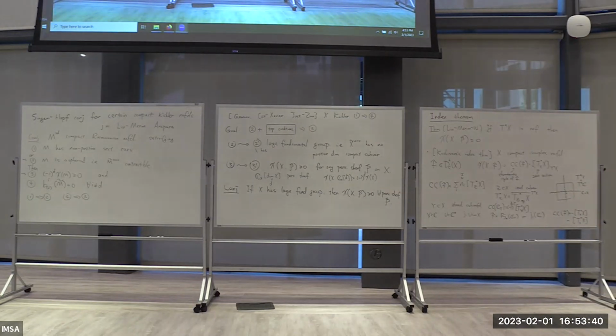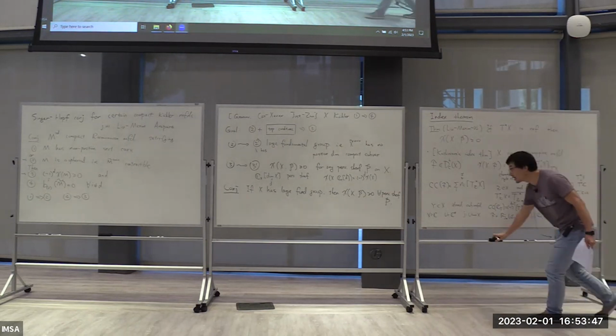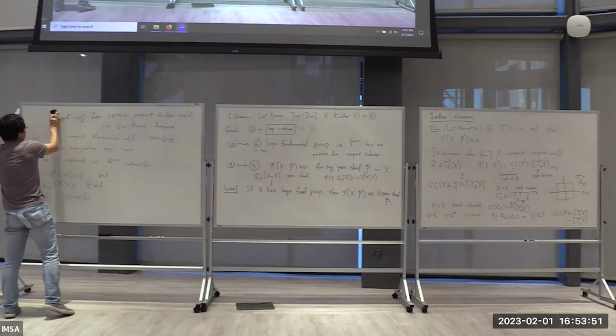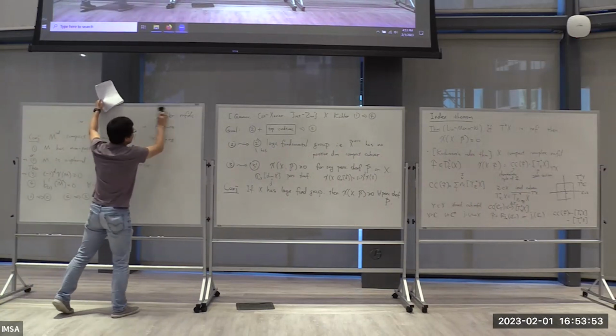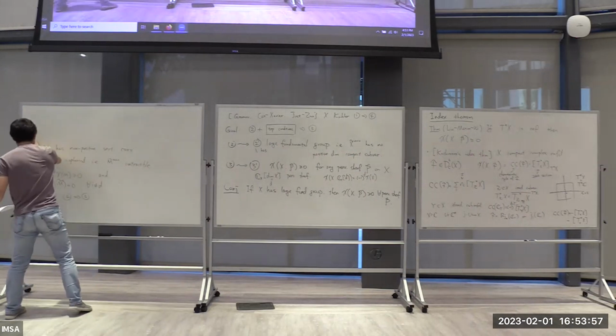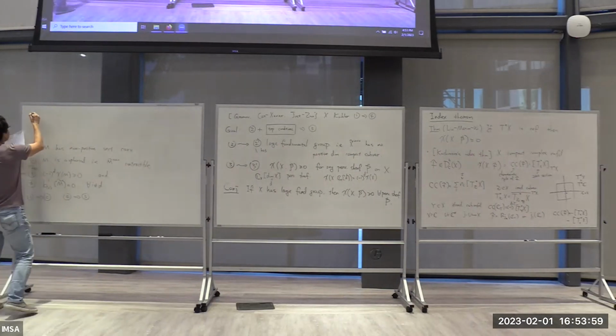And you notice that there are always these annoying signs here and there. The problem is that you are not really thinking about the right sheaf. You should think of the perverse sheaf, and if you use the perverse sheaf, there will be no signs.